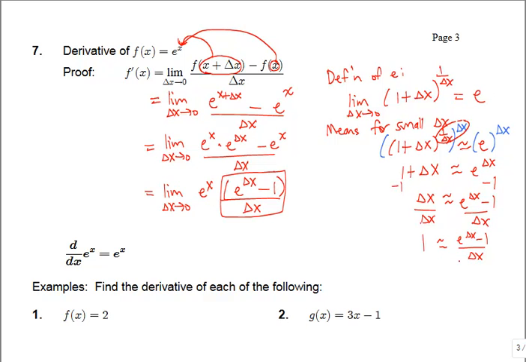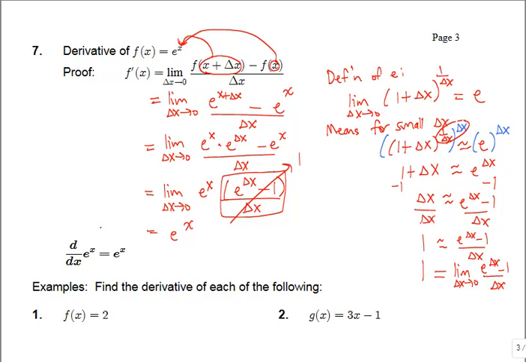And if we take the limit of both sides here, then this approximate symbol becomes an equal sign. So in the actual limit, this goes to 1. So e to the x times 1 is going to stay e to the x.